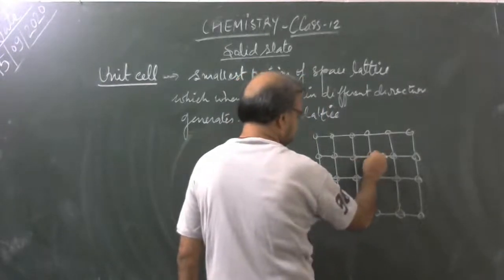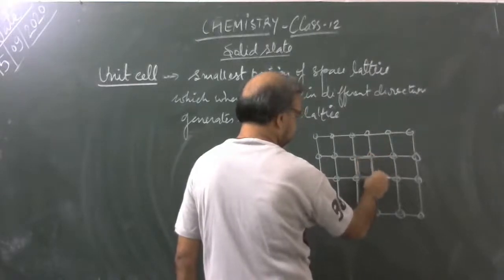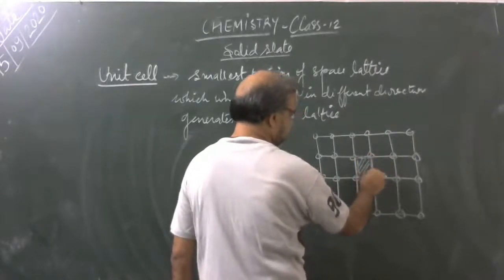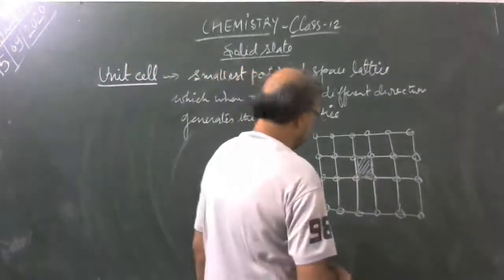The smallest portion of this space lattice is known as unit cell.